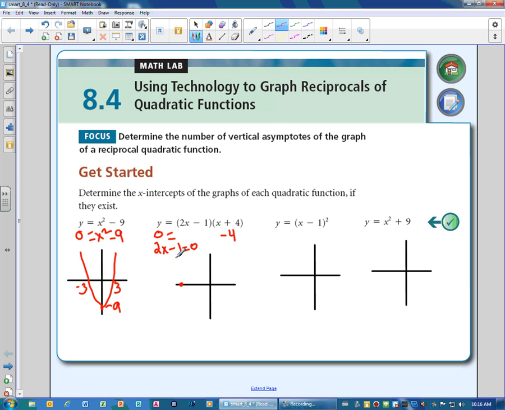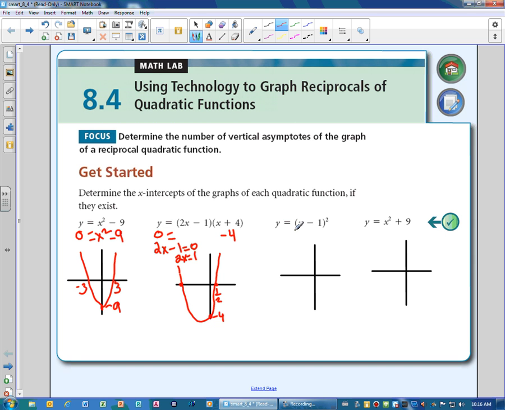Put the 1 to the other side, and then you would divide by 2. So that one would be 1/2. That would be your x-intercept. If you can quickly FOIL in your head, you could hopefully see that your y-intercept would be negative 4, and the parabola will look something like that.